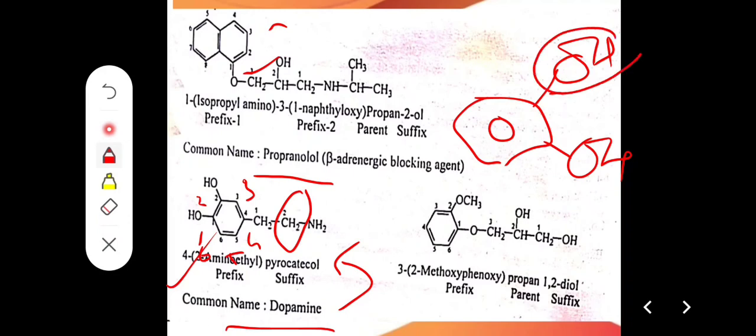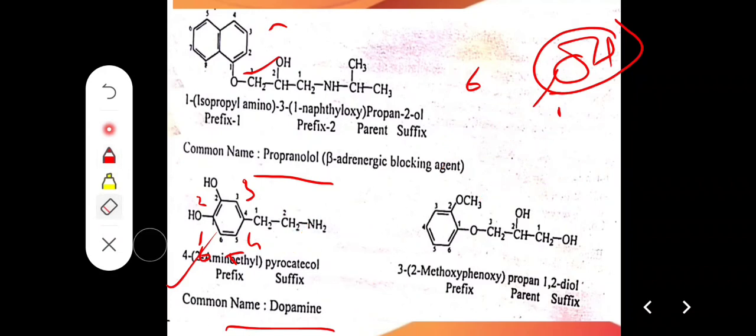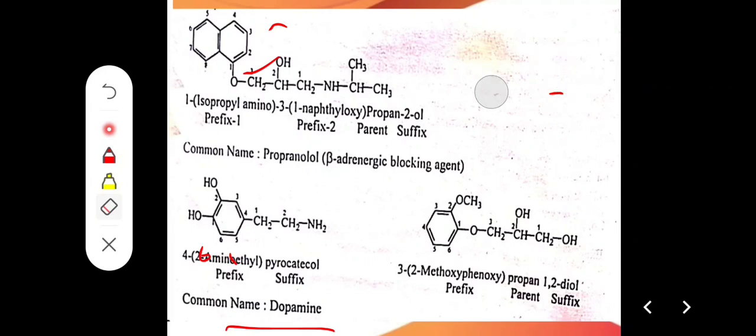Here, if OH is the principal functional group, we have to consider this 1 carbon, this 2 carbon, this 3 carbon, and this 4 carbon, 5 and 6 carbon. So there should be 1, 2, 3, 4, 5 and 6.